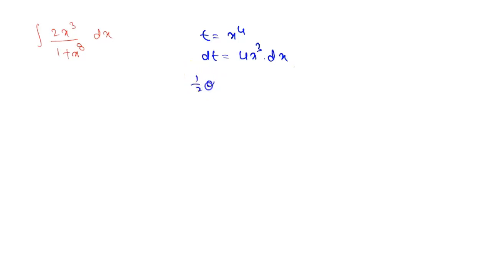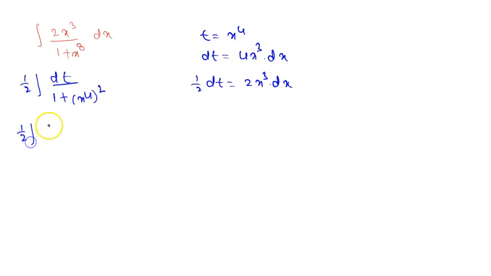I am splitting like this: 1 by 2 into dt is equal to 2x cube dx. Replacing here, 1 by 2 integral dt by 1 plus x power 8. That I am splitting as (x power 4) whole square. So replacing t, 1 by 2 integral dt by 1 plus t square.